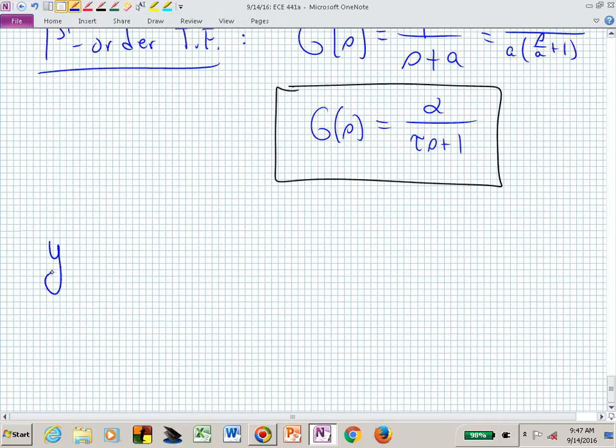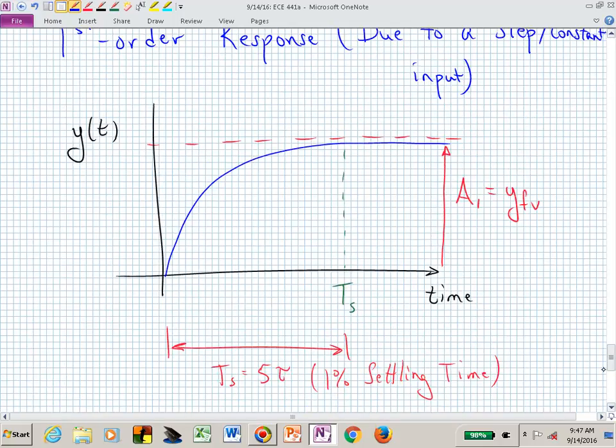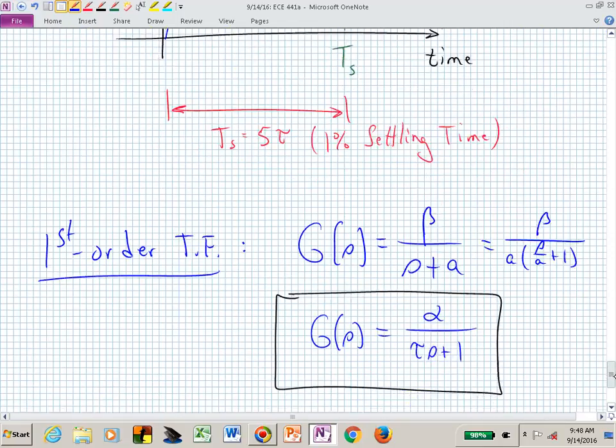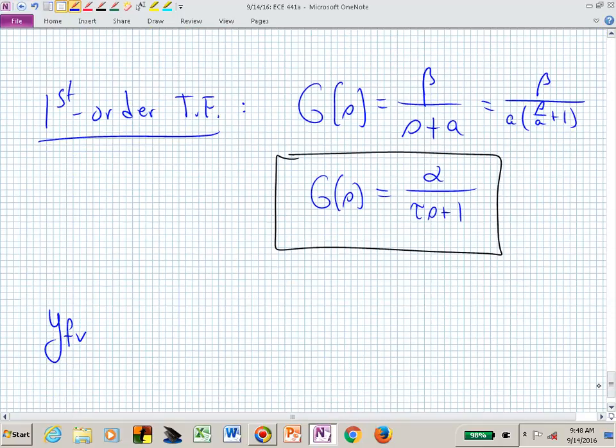How do we find Y final value? That's what we labeled as A sub 1 in this figure, but if we now had this system and we applied a constant input to that, we want to find an expression in terms of alpha and tau and maybe the amplitude of our constant, what that means in terms of Y sub final value.